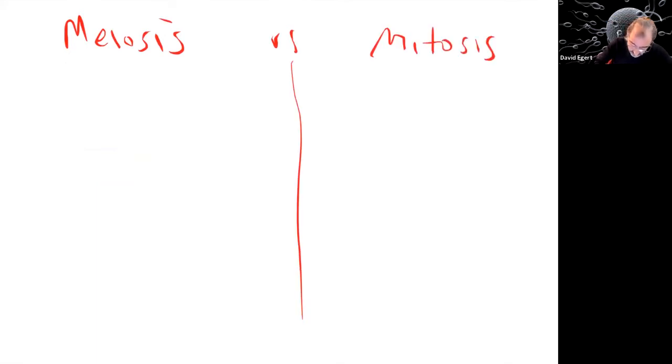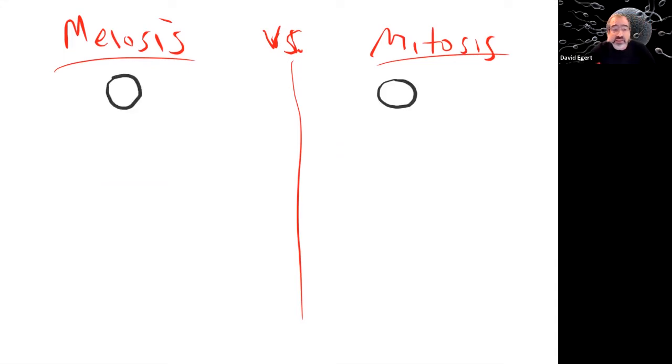So let's think about meiosis versus mitosis. I know you've all seen this in Bio 110, but I think it's worth reiterating the core differences because it's going to be important. They both start with some cell. In a human, one of your normal body cells is what we call 2N. N is the number of chromosomes that define the human blueprint.